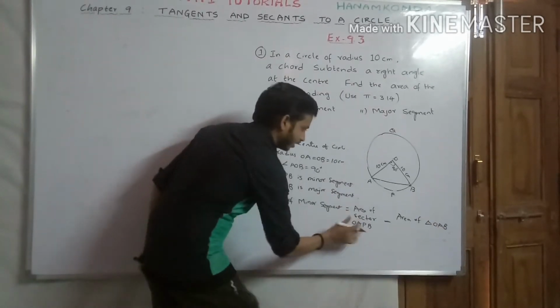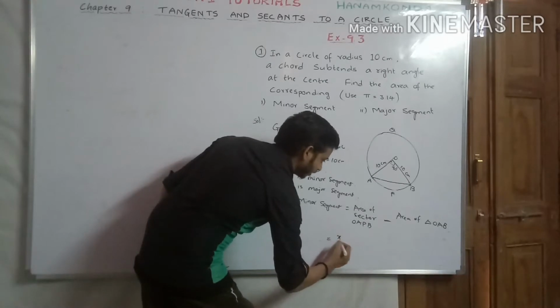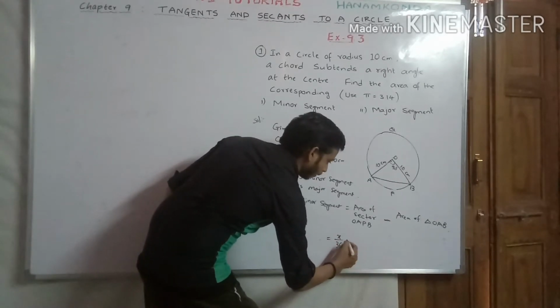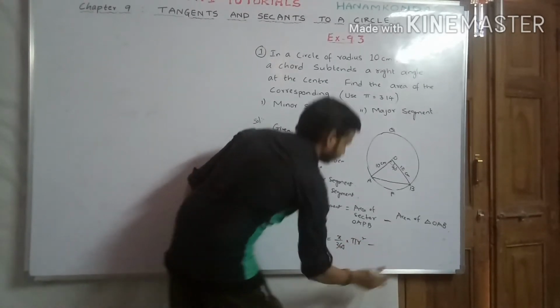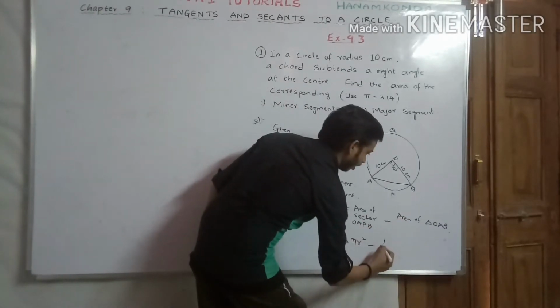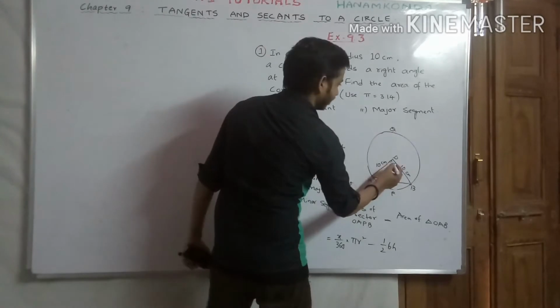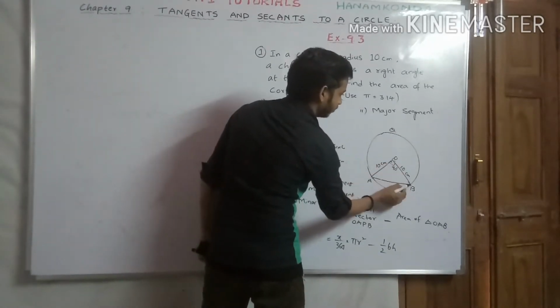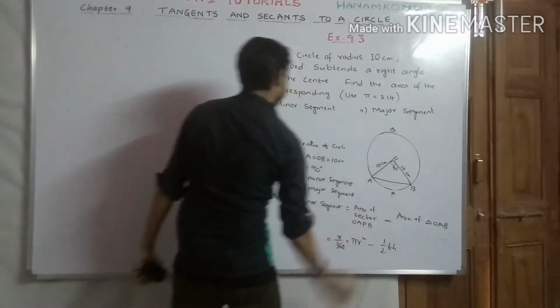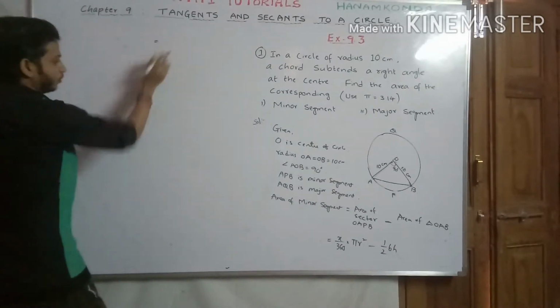We know the formula for the area of a sector is x by 360 times pi r squared, minus the area of a triangle, which is half times base times height. Since it is a right angle triangle, we can take one side as base and one side as height.